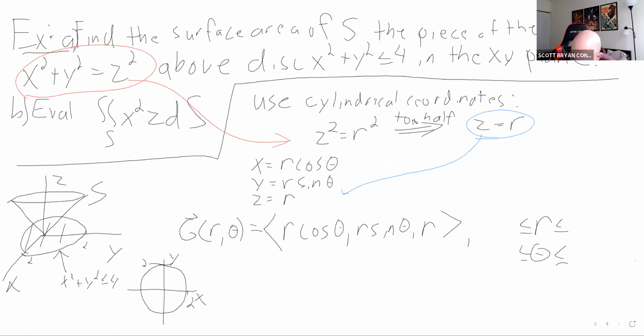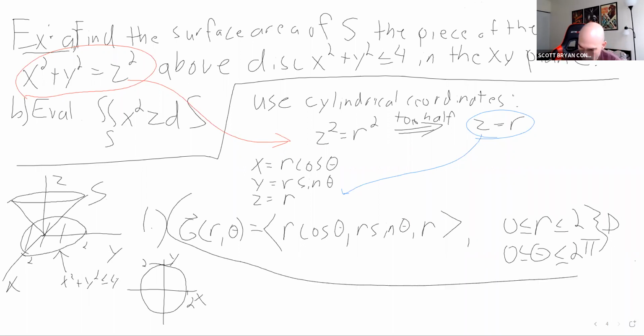Zero to 2, right? And theta, of course, goes all the way around. So from 0 to 2 pi. So that's our region D, where our parameters r and theta live. So that's our step one.